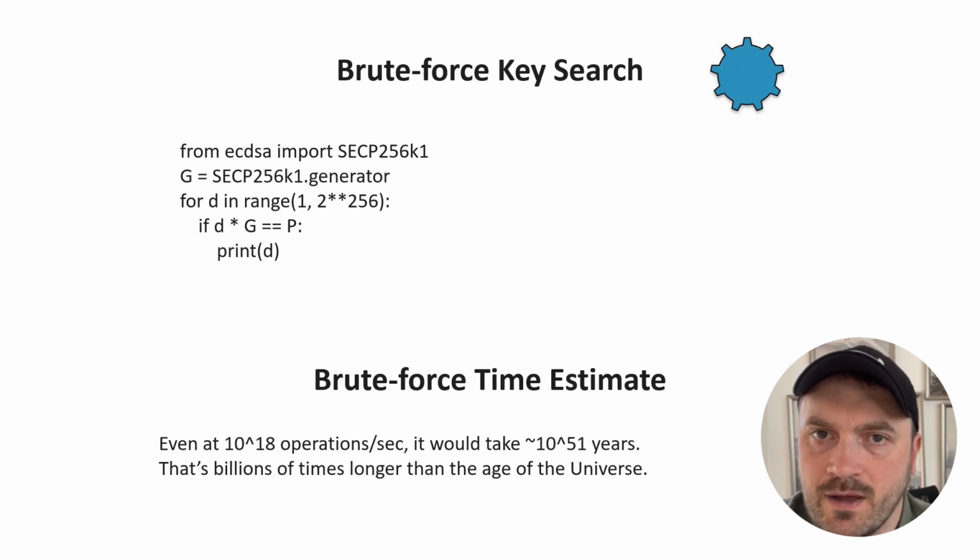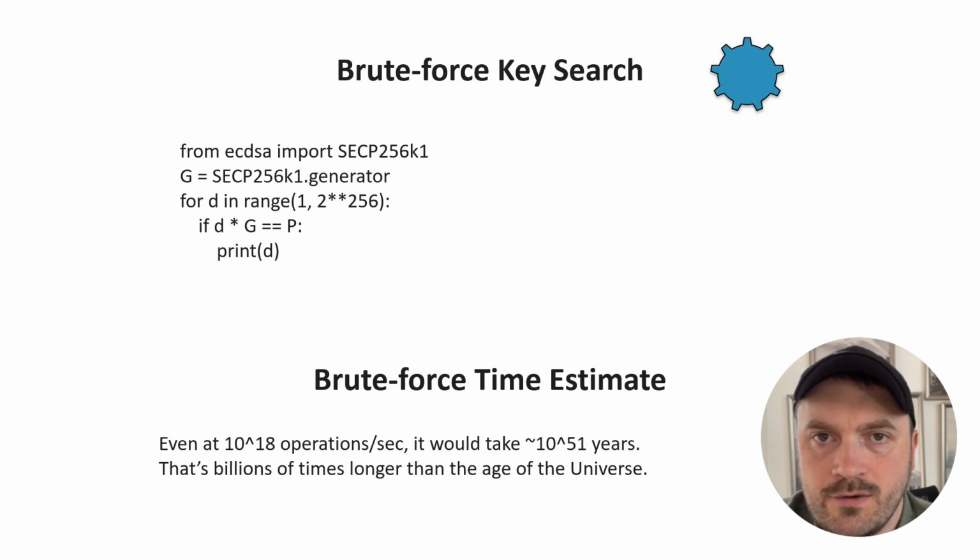Now let's compare. The age of the Earth is about 4.5 billion years, that is 4.5 times 10 to the power of 9 years. The age of the universe is about three times that, and you would need 10 to the power of 51 years. Even if you connect all the computers on Earth, you would still need billions of universes' worth of time to guess a Bitcoin private key.